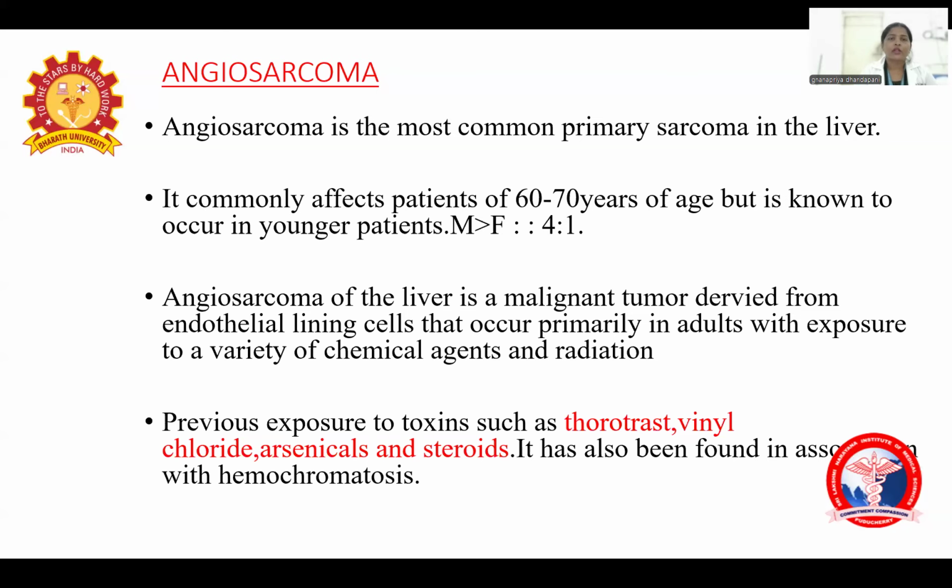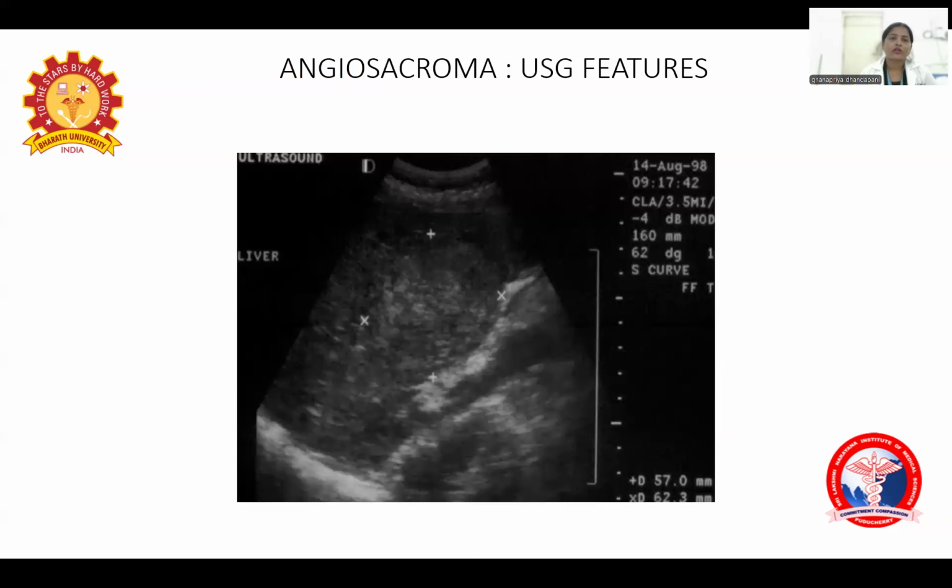So, angiosarcoma is a malignant tumor derived from the endothelial lining cells. It occurs primarily in adults with exposure to a variety of chemical agents and radiation. Previous exposure to toxins such as thorotrast, vinyl chloride, arsenic, and steroids, and it can also occur in patients with hemochromatosis. Angiosarcoma shows a fairly well defined heteroechoic lesion in ultrasound.